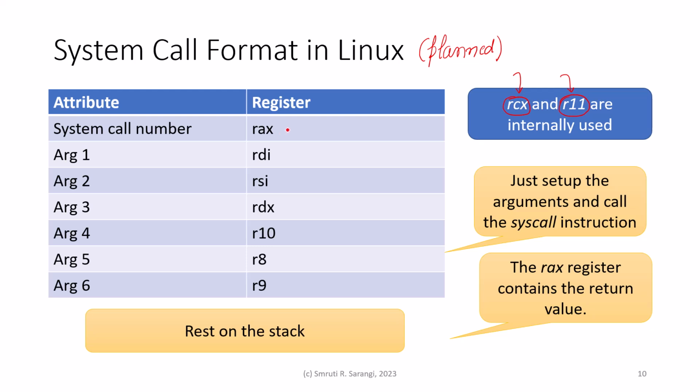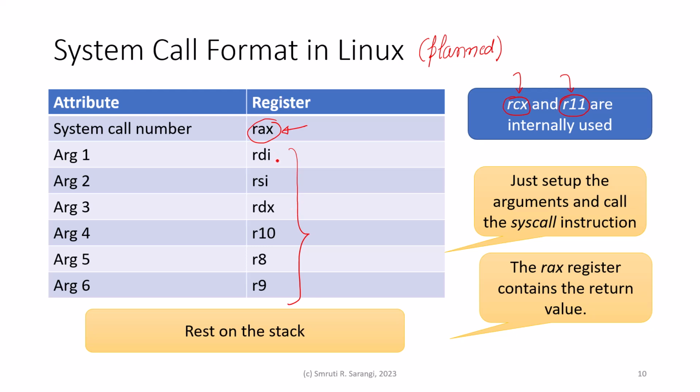So the format is like this, that the system call number is there in register RAX. And we have seen a lot of system calls in Linux. The number is stored here, which is the most important parameter. Then a system call can take 6 register based arguments maximum.